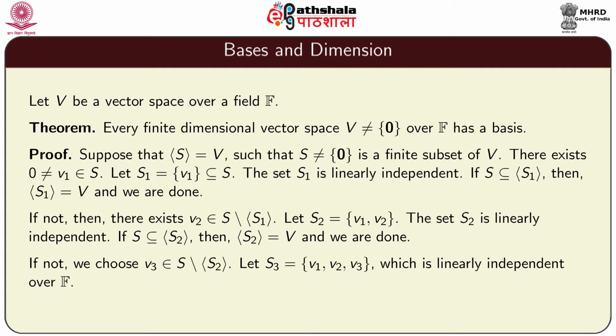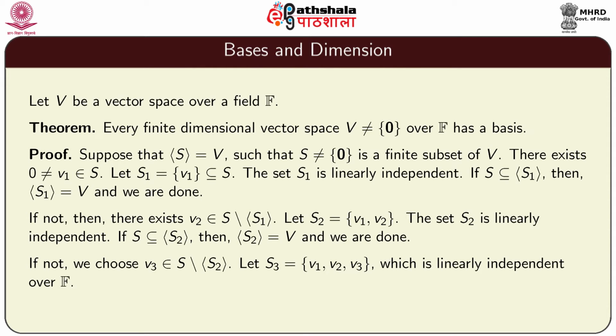If it so happens that the set S, that is the spanning set of the vector space V, is contained in the span of S1, what does that mean? That means every vector in S can be written as a linear combination of V1.